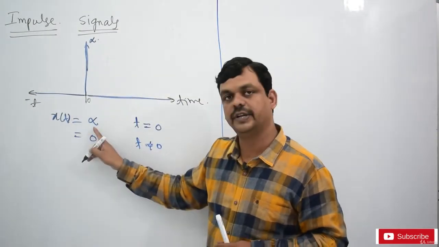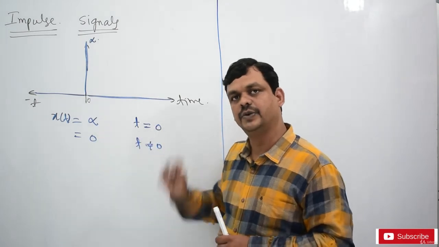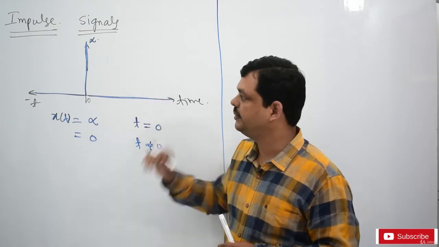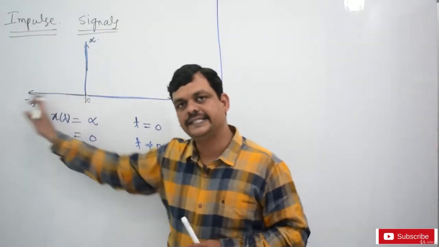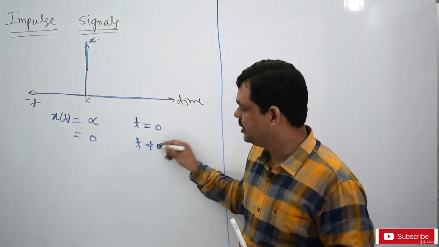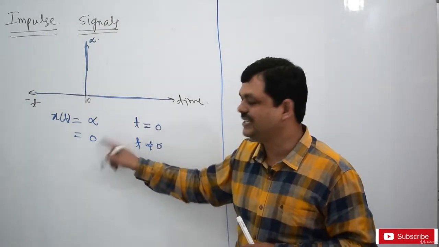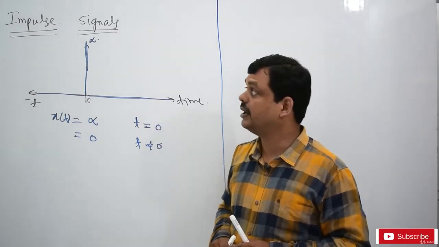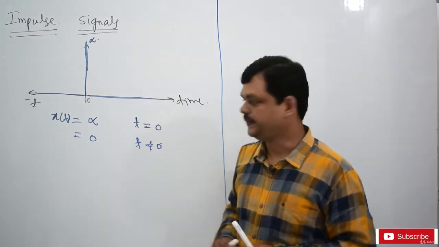So x of t is equal to infinity at t is equal to 0. And this side, t is greater than 0, the positive side, and t is less than 0, the negative time axis. So other than 0, when t is not equal to 0, the function is not defined. This type of signal is the impulse function or impulse signal.